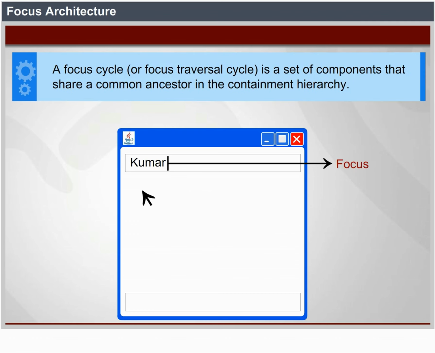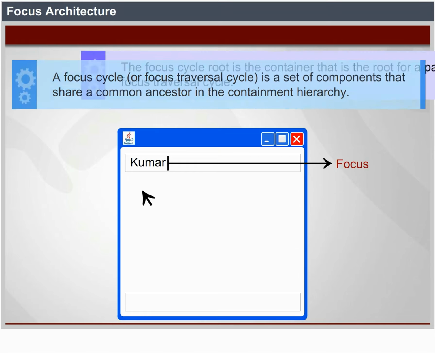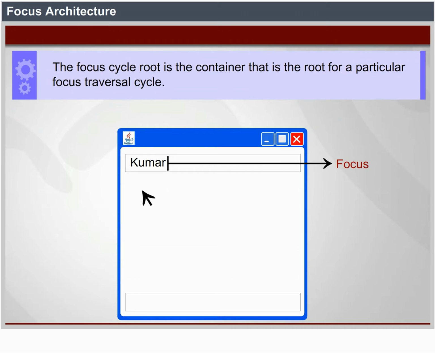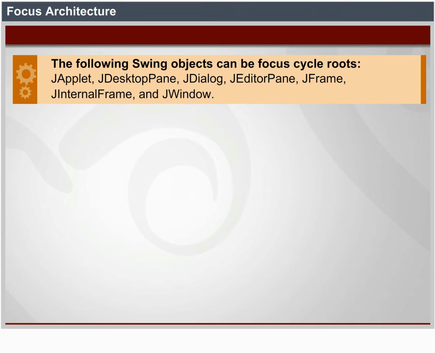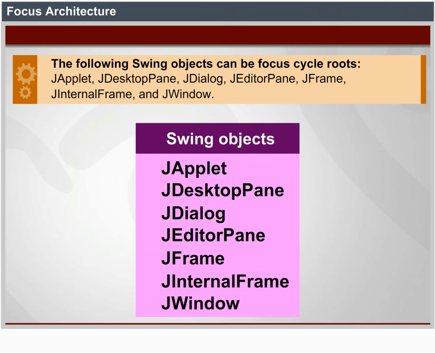A focus cycle or focus traversal cycle is a set of components that share a common ancestor in the containment hierarchy. The focus cycle root is the container that is the root for a particular focus traversal cycle. The following Swing objects can be focus cycle roots: JApplet, JDesktopPane, JDialog, JEditorPane, JFrame, JInternalFrame, and JWindow.